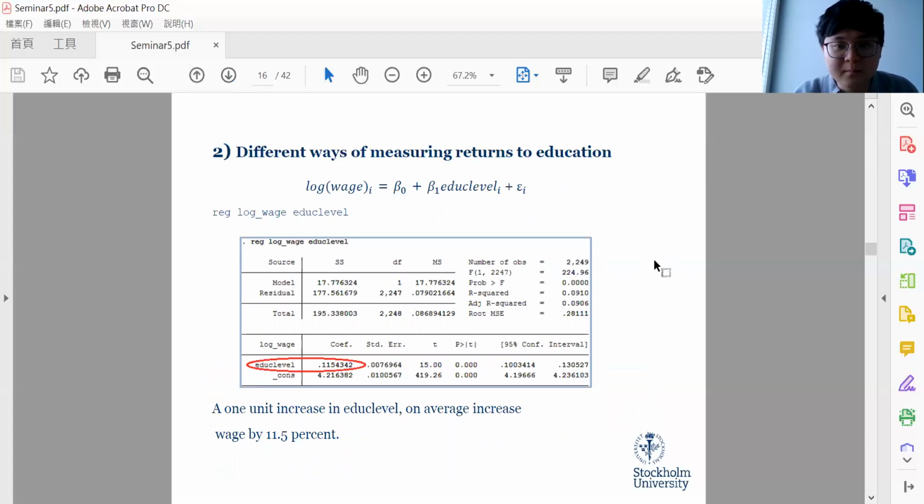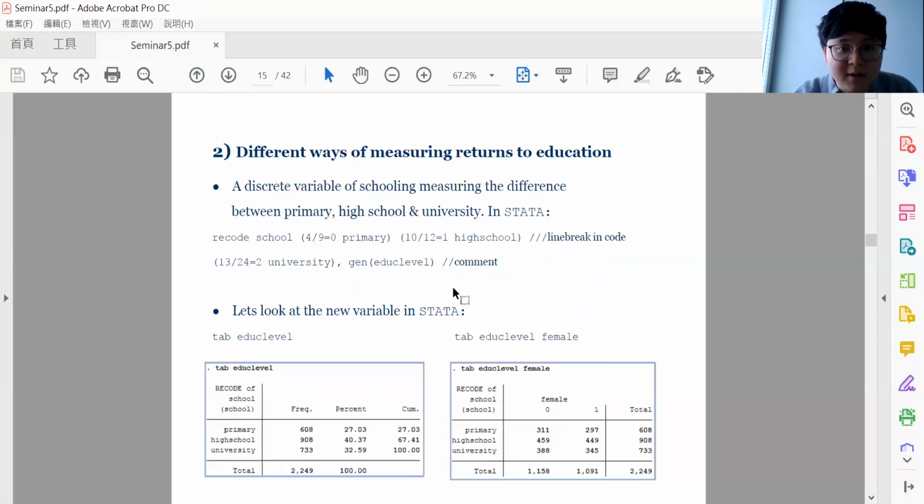And then the third way is that you can use education level. The last one that we taught in our last seminar is that you use three dummy variables.